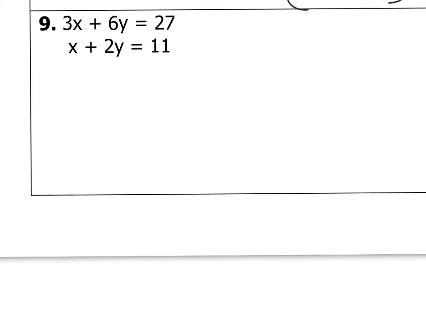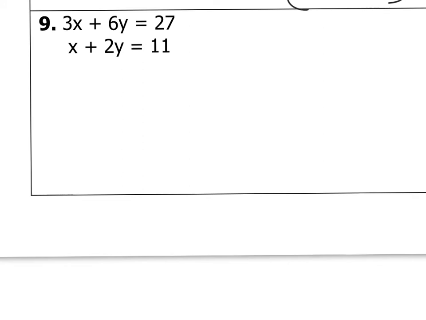Now each elimination problem is a little bit different. In this particular case, as I'm looking at my numbers, every single number in front of my x's and y's is positive, which means I'm definitely going to have to multiply by a negative. I need some kind of opposite so my x's or y's cancel out.